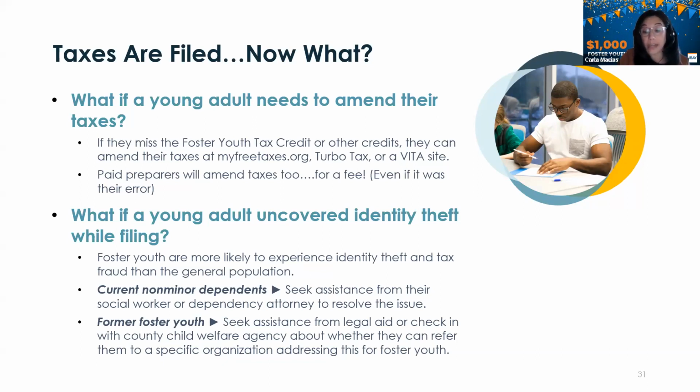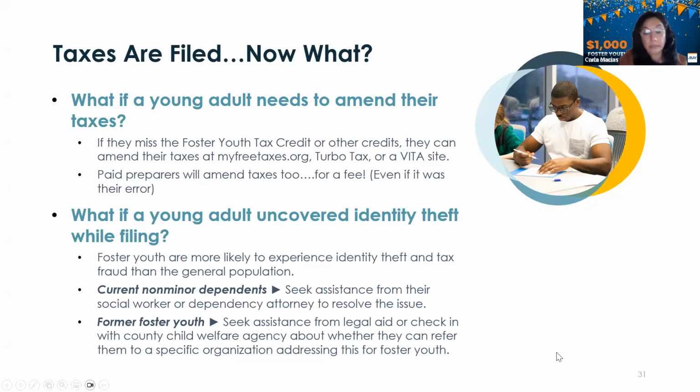The foster youth can obtain an identity protection PIN, complete and submit an identity theft affidavit, request a copy of the fraudulent return, and go to identitytheft.gov, a Federal Trade Commission website, to report identity theft. But again, this is just an overwhelming process for any foster youth, even for some adults, to tackle. So they really need that legal help to support them, to walk them through that process.